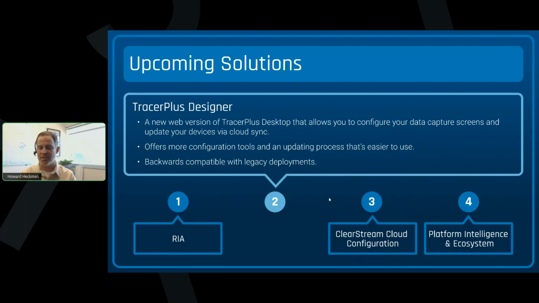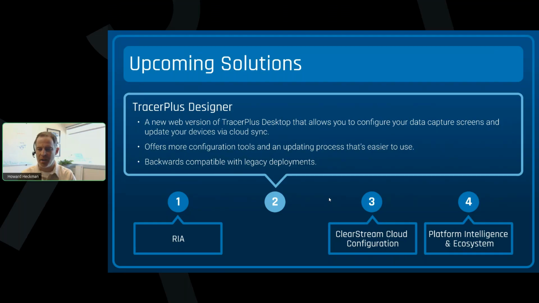So we're looking to develop this as a suite of software that can both work in the cloud, but also use the legacy applications that we have to work side by side, or create those same deployments for areas where you may need on-premise solutions. So maybe an agency that can't use cloud-based software, they could configure something on-premise, and that's using still our TracerPlus design tools and our ClearStream tools that are for on-premise deployments. So we'll be keeping that as a backwards compatibility option as well for those deployments where they can't use cloud-based software.